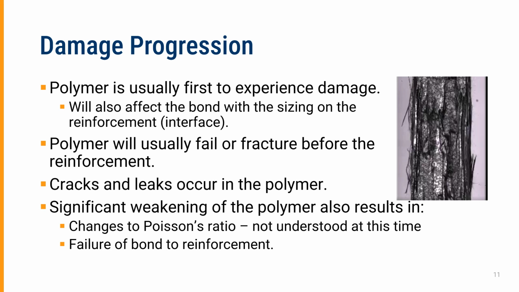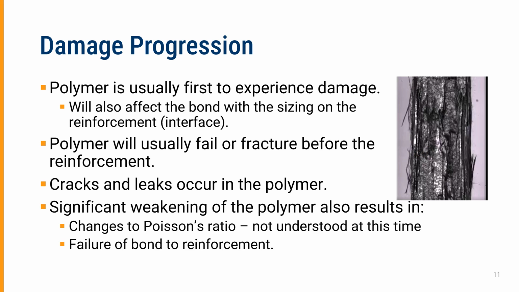Polymer is usually the first to experience damage. For those of you who've watched the first video, you can see a discussion on this particular cross-section, which is showing portions or cutouts from a video of a tensile test of a fiber reinforced polymer coupon. And you can see here, this is in the final stages. We're still not at the tensile strength of the specimen yet because the fibers have not yet failed.